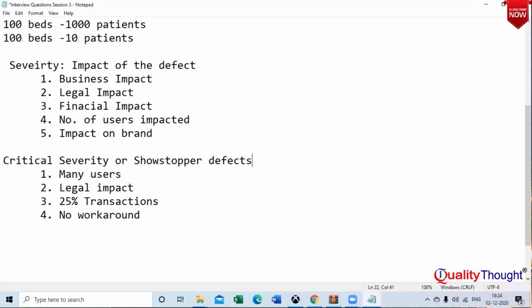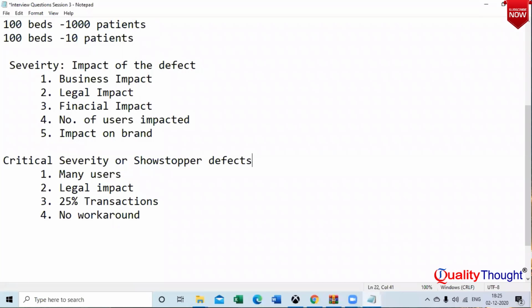So showstopper or critical severity defects have a clear impact on the business. If these defects have a clear impact on the business, they go to critical severity.